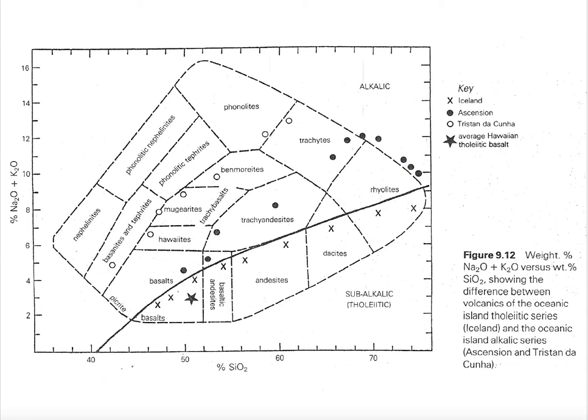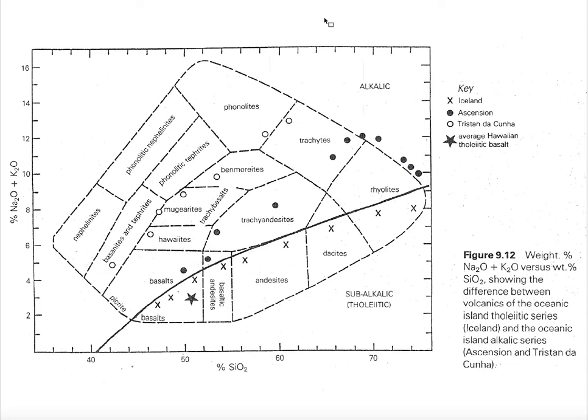So here we have again this famous diagram. I showed you this at the beginning of the class as well. We have the SiO2 concentration on the x-axis and the Na2O plus K2O concentration on the y-axis. And we have different dots and crosses inside.